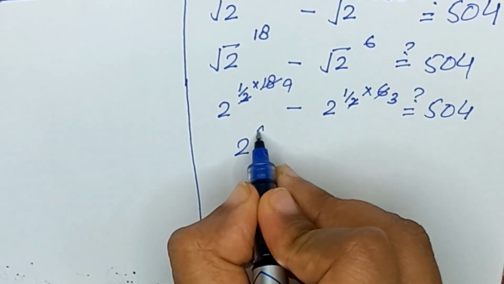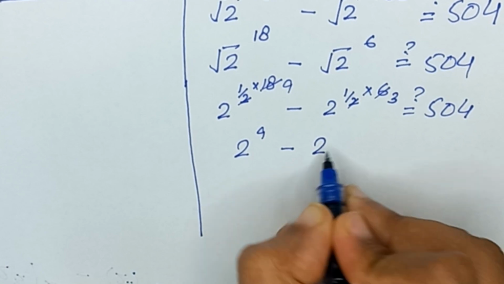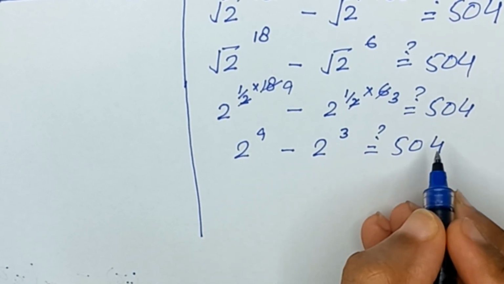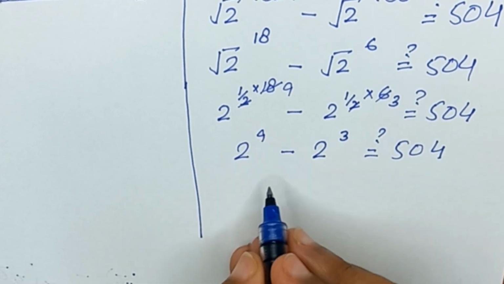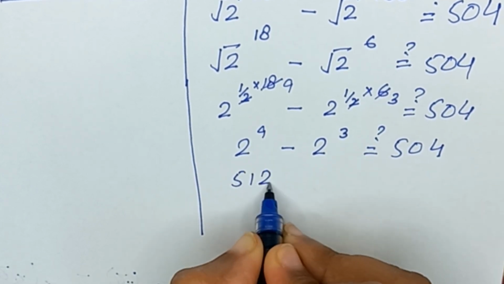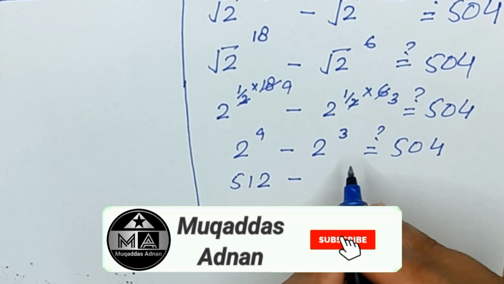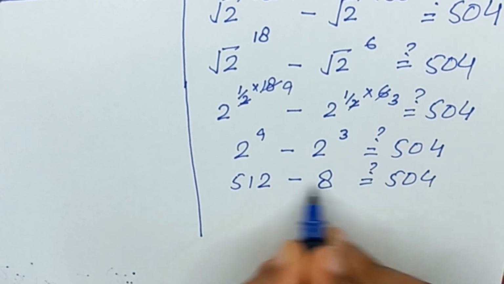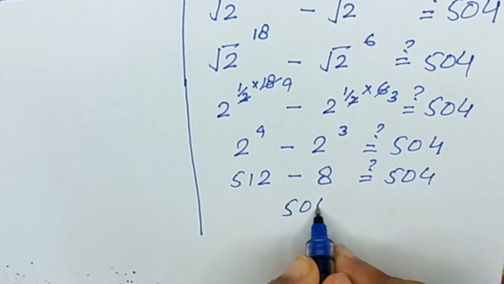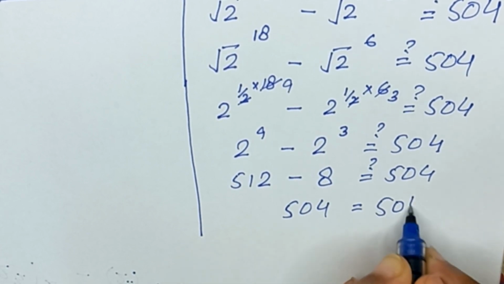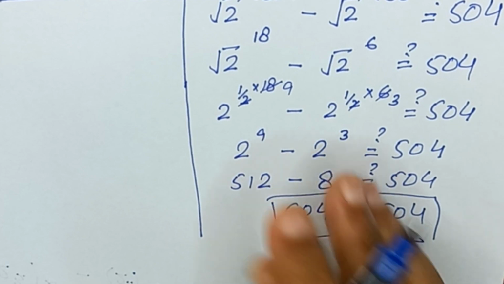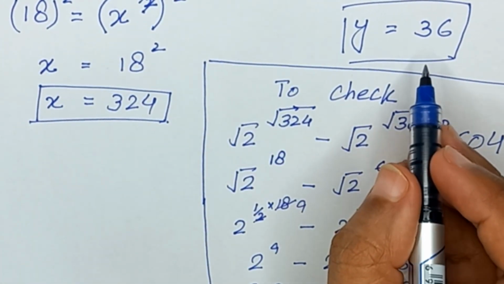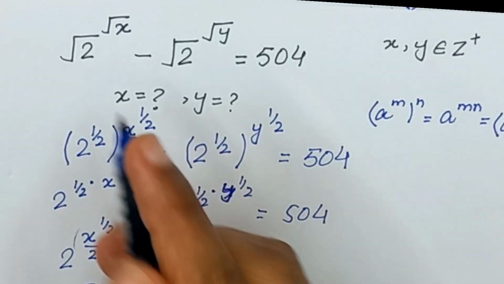So is 2 raised to the power 9 minus 2 raised to the power 3 equal to 504 or not? So 2 raised to the power 9 is the same as 512, minus 2 raised to the power 3, which is the same as 8. So this minus this will be 504. It means both sides are equal, and the values x is equal to 324 and y is equal to 36 satisfy our given equation.